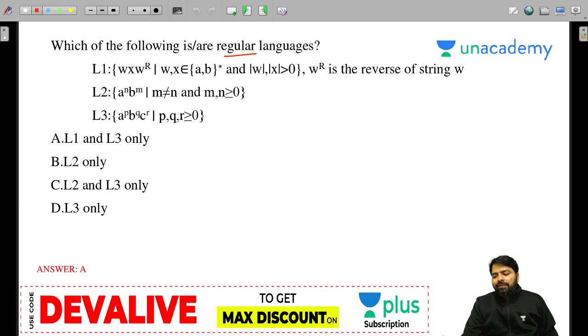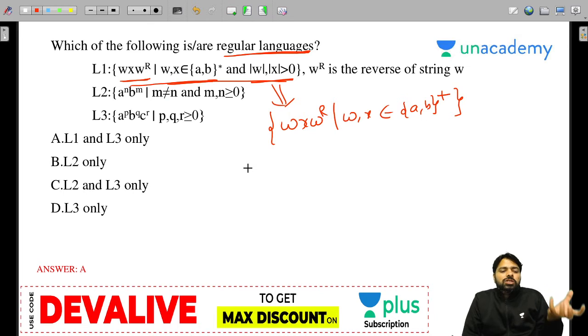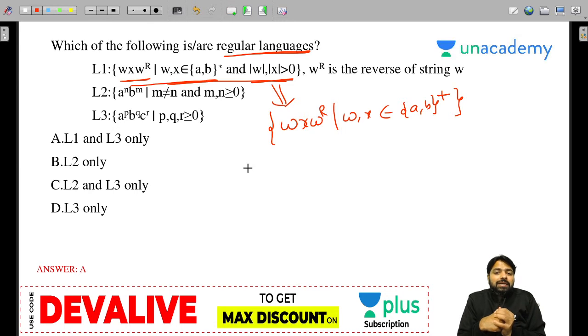We have seen very difficult regular languages than this, right? w x w power r, and w x belongs to this one, and length has to be greater than 0, guys. This problem is same as w x w power r, w comma x belongs to (a comma b) whole plus only, because he said whole star, but he said length of the w and x greater than 0, which means minimum one length.